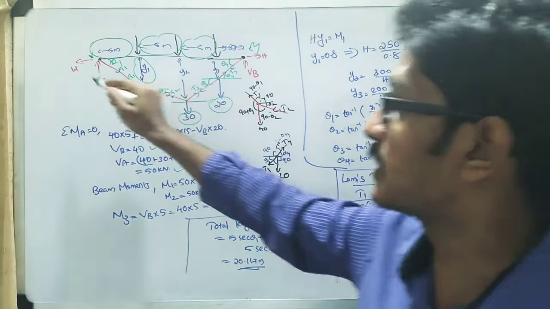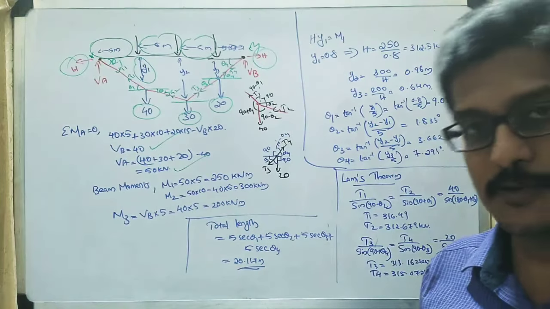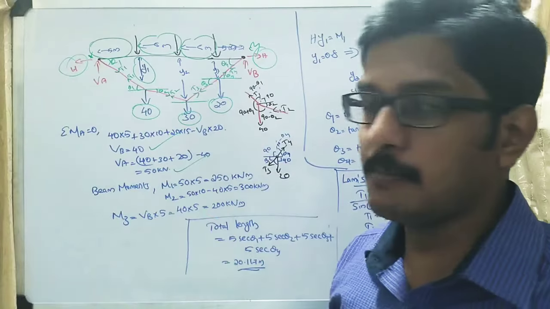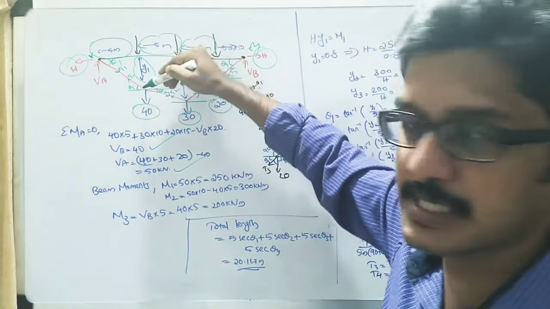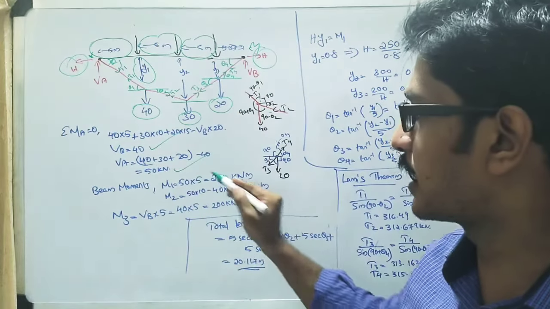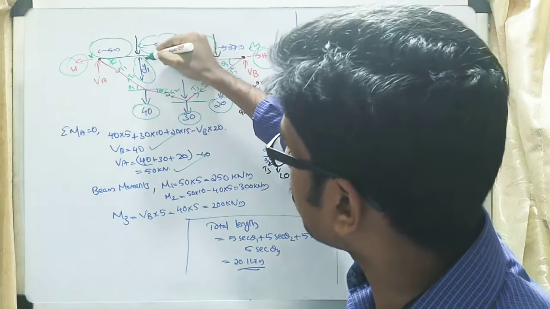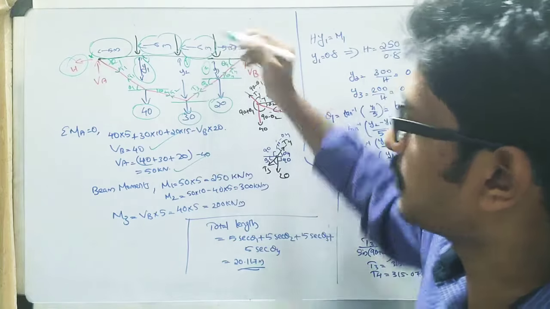Then we have to find out the horizontal thrust occurring in these cases also. That is our next stage. So after that we will go through the beam moments. Beam moments means if you are going to take a particular section at this load acting, what is the beam moment occurring at that particular point? Let us assume this is our first point, this is our second point, and this is our third point.